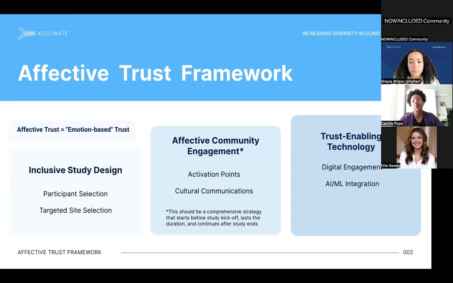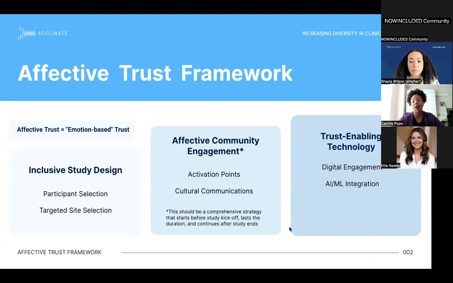And then the third component is trust enabling technology. It's 2023, you guys. So it only makes sense for us to leverage technology to have broader reach. Now, digital engagement doesn't take the place of face-to-face engagement, but it can certainly be used to enhance it.